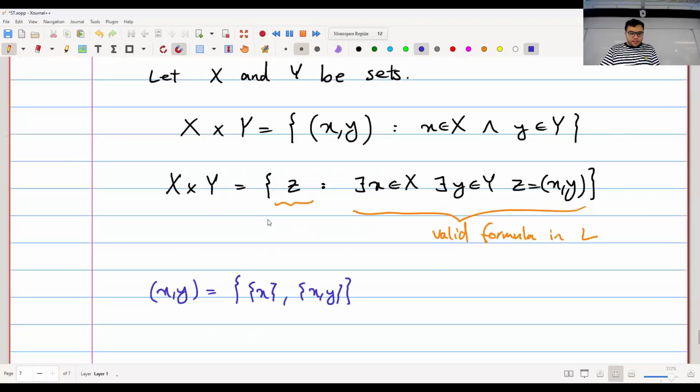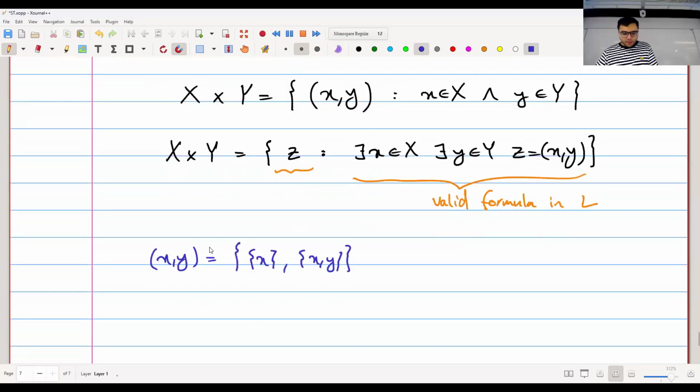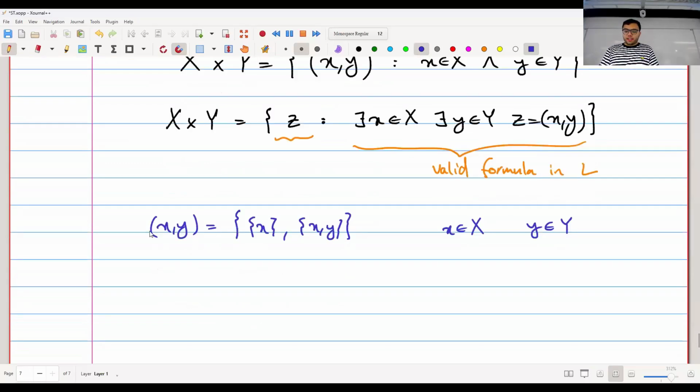So suppose that I have big X and big Y, and suppose that small x is in big X and small y is in big Y. Let's just take the union of big X and big Y. So small x and small y are both going to be in the union of big X and big Y, right? But what does this mean?